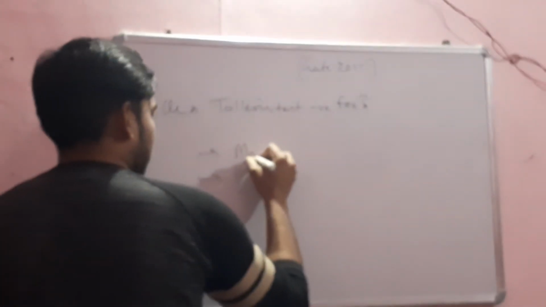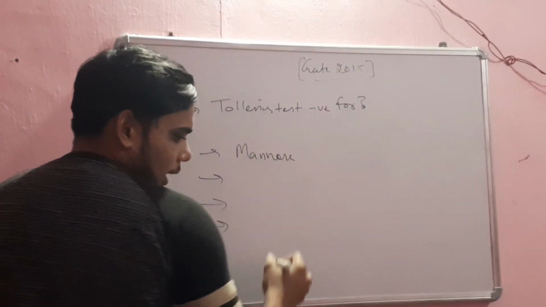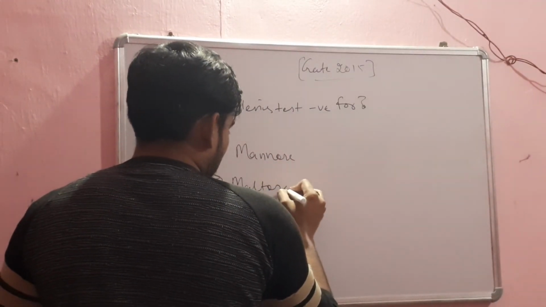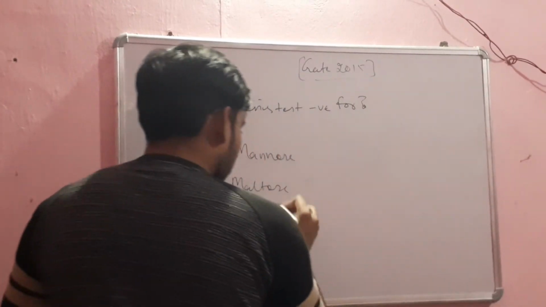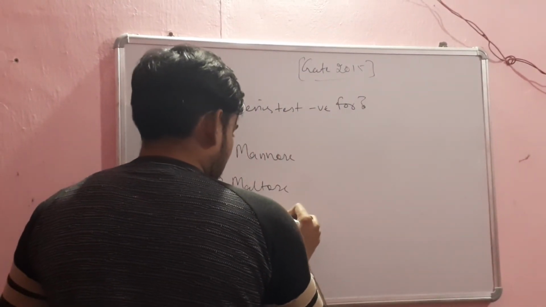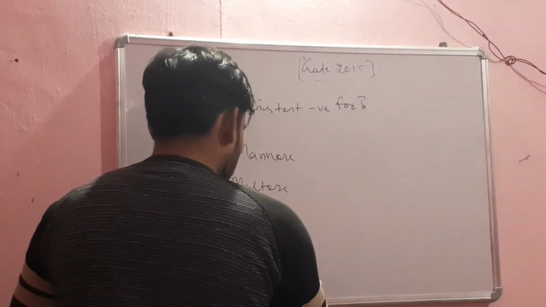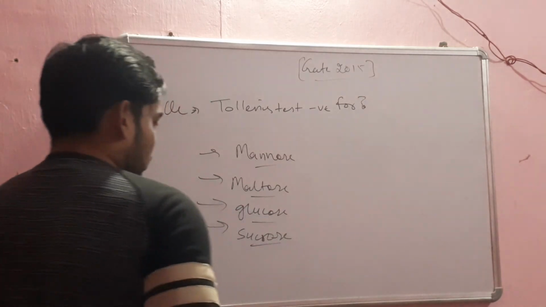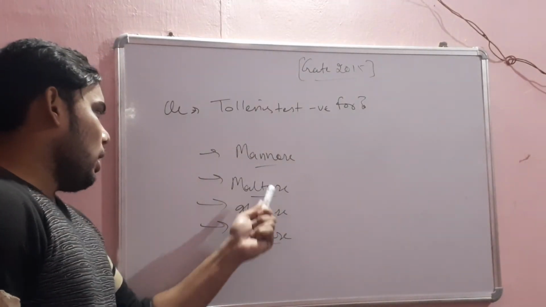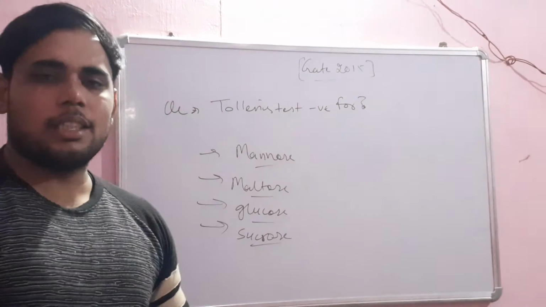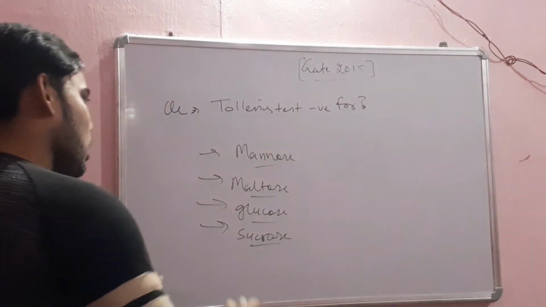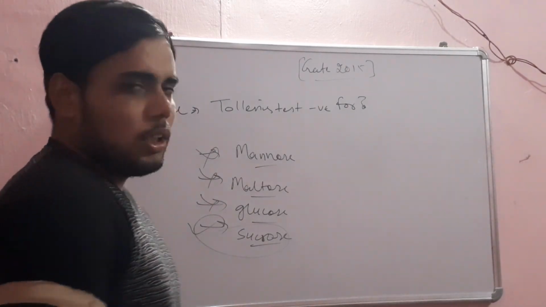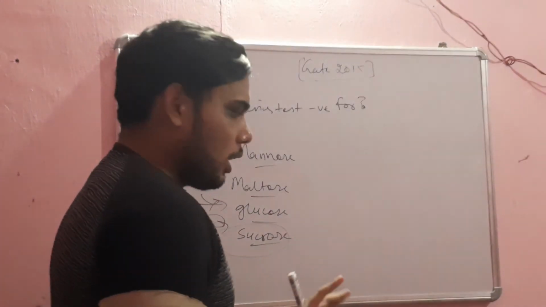The first one is mannose, the next one is maltose, the third one is glucose, and then your sucrose. Those are your options. Mannose, maltose, glucose are reducing sugars. They are positive for the Tollens test, so they are not your answer. But sucrose is negative for the Tollens test. So that's your correct answer.